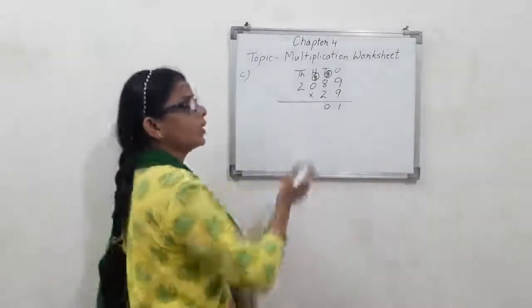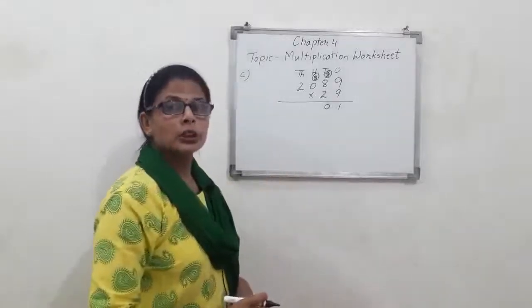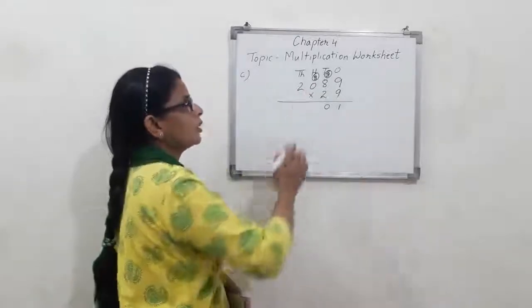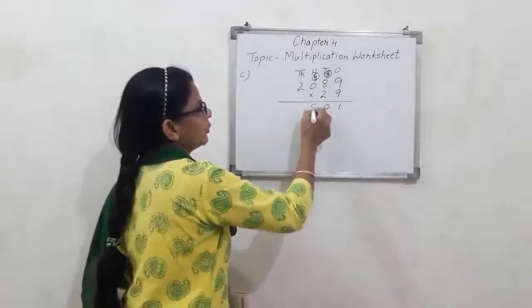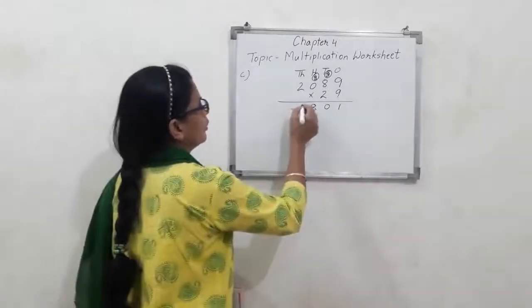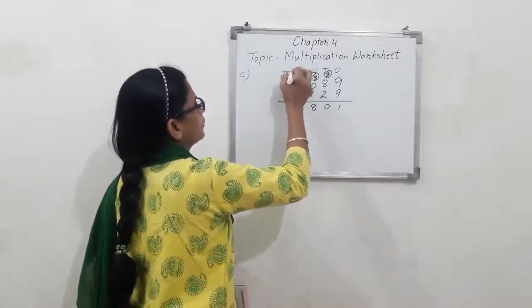So 9 zeros are 0. But if we add any number to 0, it will be the same number. 0 plus 8 is 8 only. 9 twos are 18. 8 will be written on 1000 place and 1 will be written on 10,000 place.